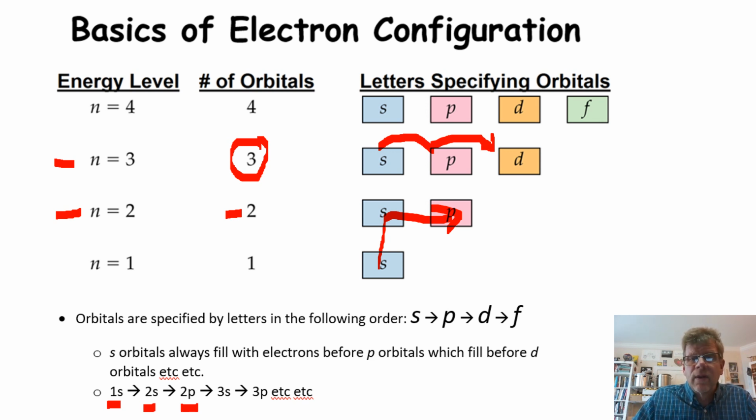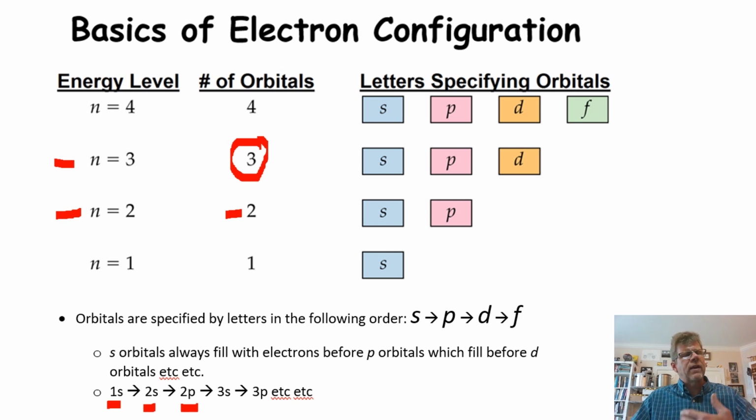Notice now. So let me just clean this up a little bit here and move forward. If we were filling in the order that we were supposed to fill electrons within these orbitals, it would start with 1s to 2s to 2p to 3s to 3p and so on.